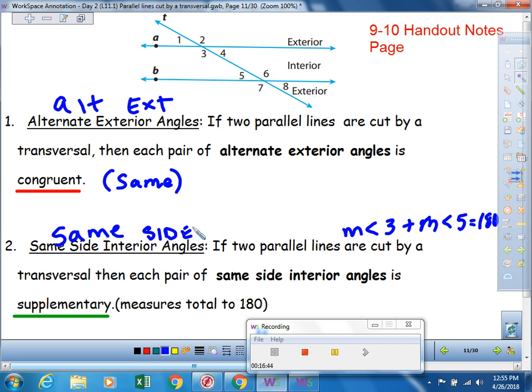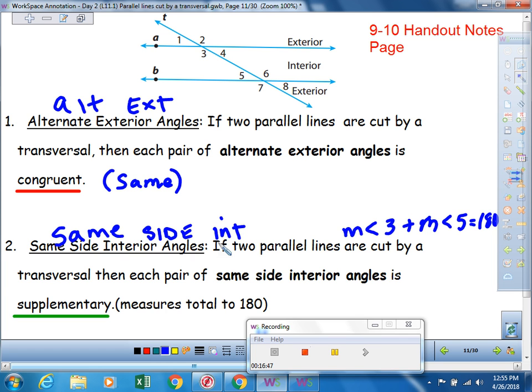So here's your abbreviation. Same side INT. Write this down. Same side interior. All right. Same side supplementary, SSS. Okay, so what do we have?